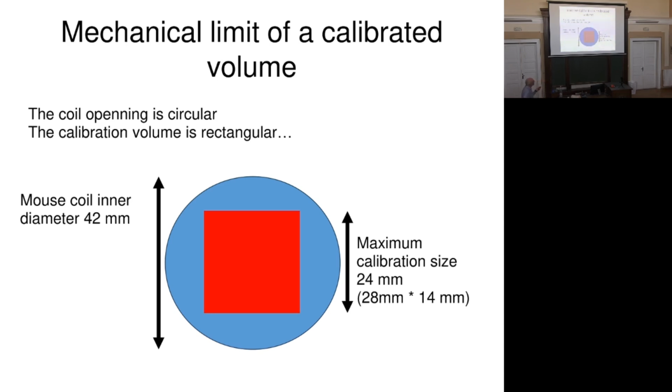You can obtain the system function from cubes or rectangular shapes only, and mechanically you cannot go to the borders because the sample has also the test tube around and so on. So in fact you are limited to 24 millimeters in this direction, even if you have a 42 millimeter diameter of the coil.